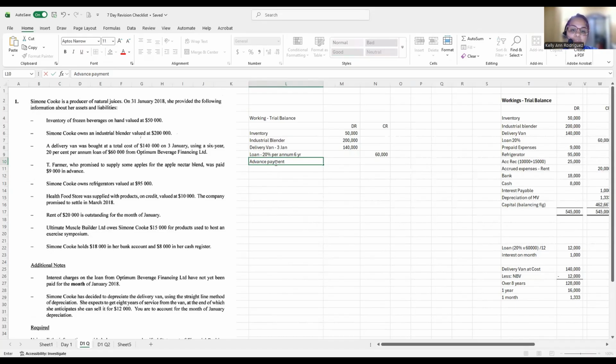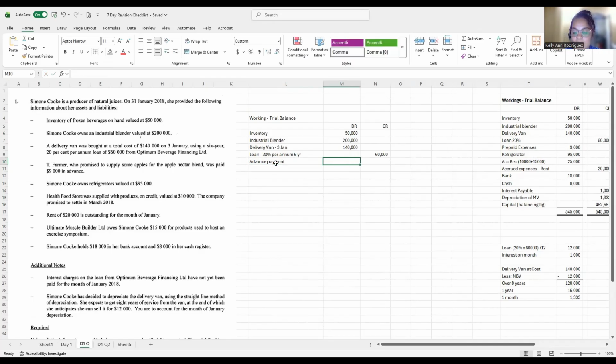The reason I use the word advance payment here is because she's a natural juice producer. So this will be like an asset, like a work-in-progress material that she's using to make the juice, and not really an expense to go into the income statement. It's a current asset because it is still owed to her, since she paid for it in advance. So 9,000 is an advance payment.